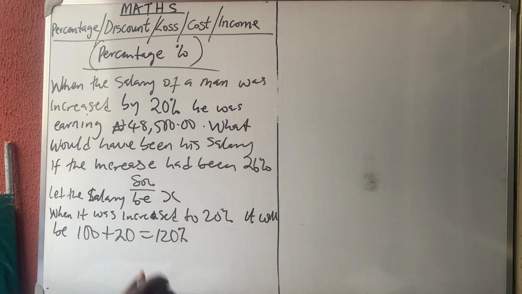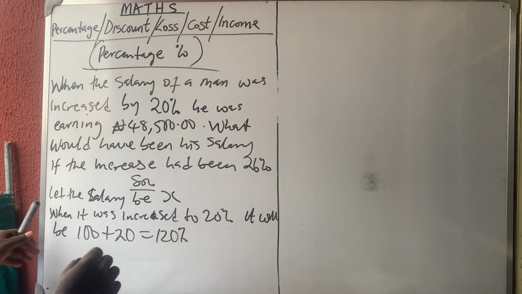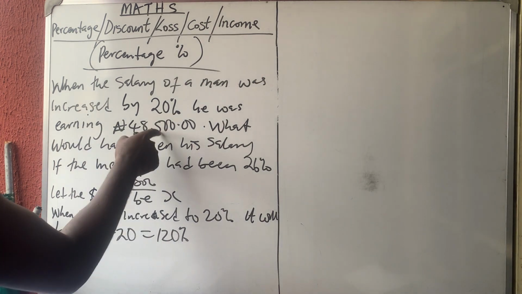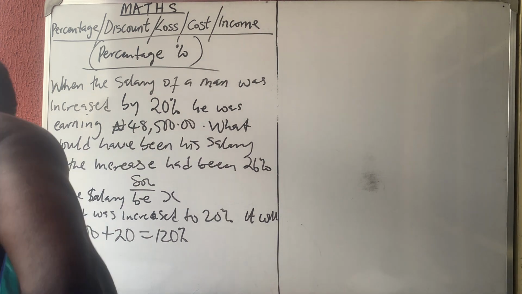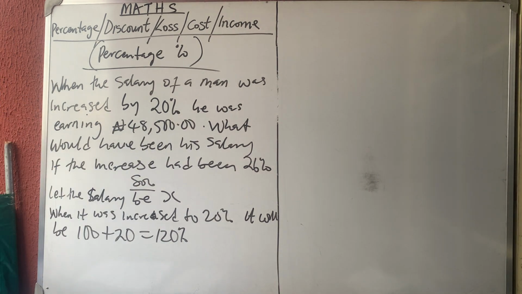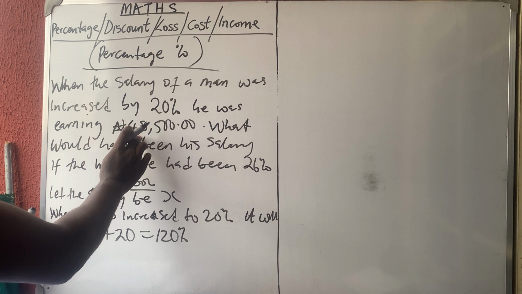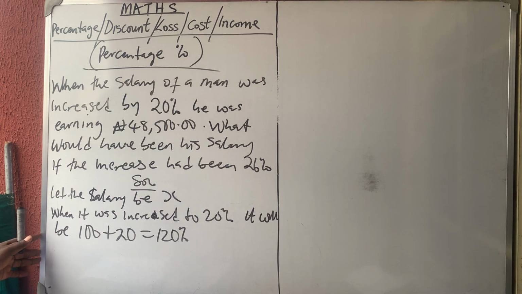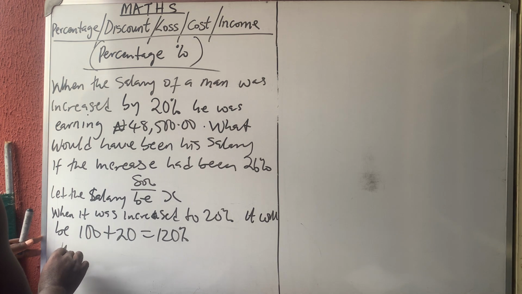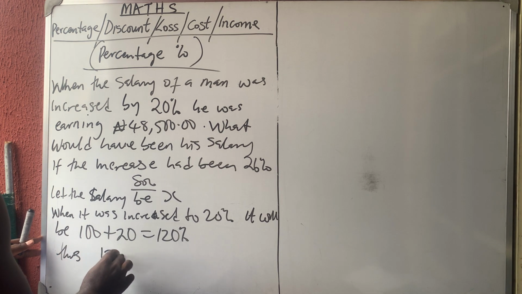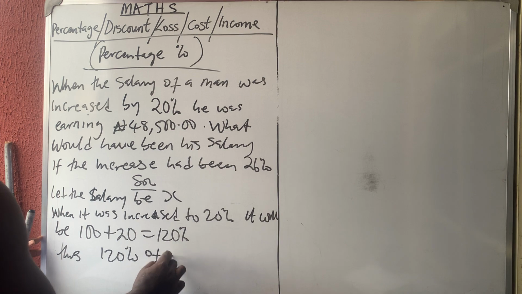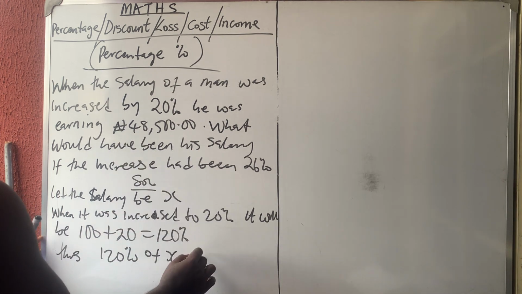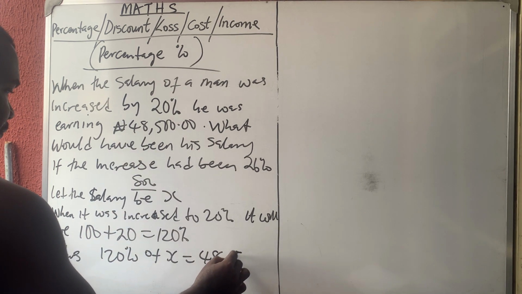Since he received this, it's going to be 120% of the normal money. So we have 120% of the normal money gave us the amount they paid him, 48,500.